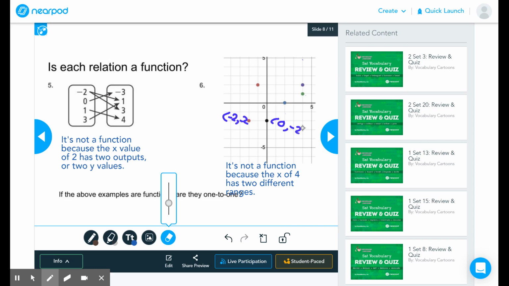This is 0, negative 2. This would be 1, 2, 2, 0, 4, 1, 4, 2. So if you want to list out the ordered pairs like that and make a mapping diagram to map it out, you're allowed to do that. Or you can just do the vertical line test like I did.